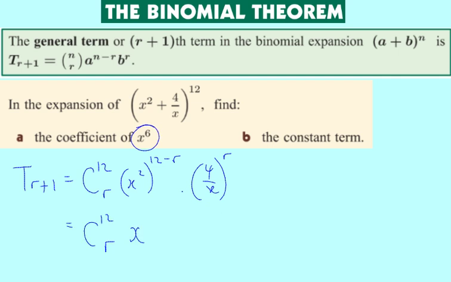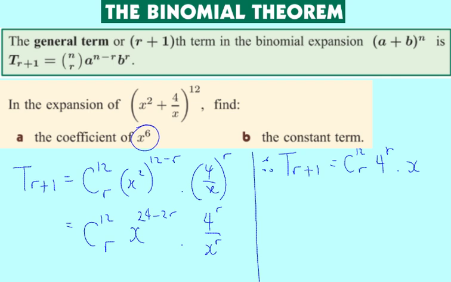So the x squared raised to the power of 12 take r, those powers multiply. I'll get 24 take 2r, and in this fraction, both parts of the fraction get the power of r, and now I'm dividing x's, therefore I can take away their powers, and so I'll have 24 take 2r take another r, so 24 take 3r will be the power on the x.